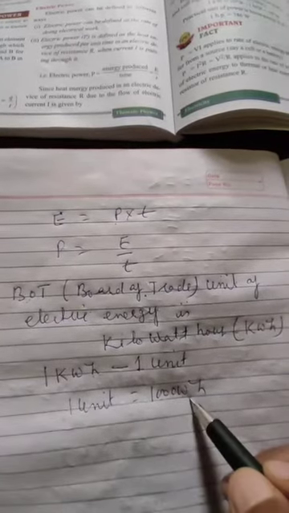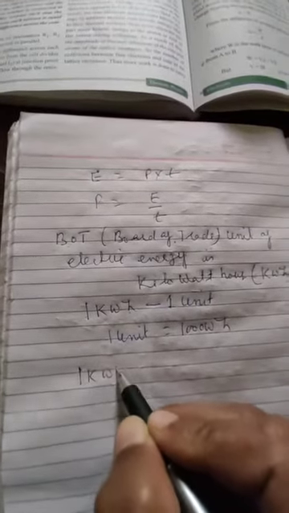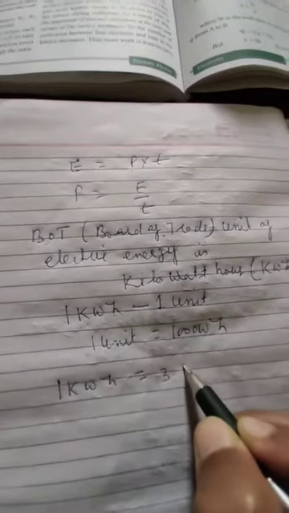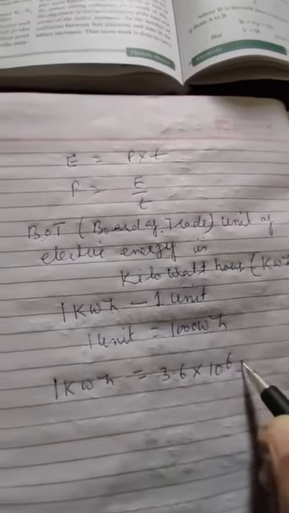So 1 unit can be written as 1000 watt hour. Then 1 kilowatt hour, you simply remember it, is equal to 3.6 into 10 raised to power 6 joule. Clear?